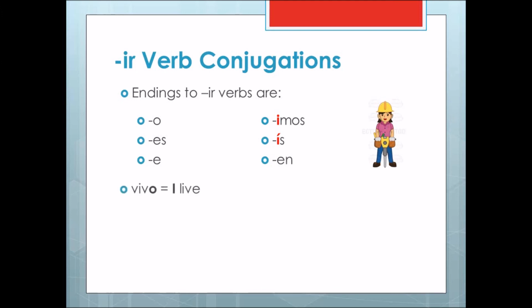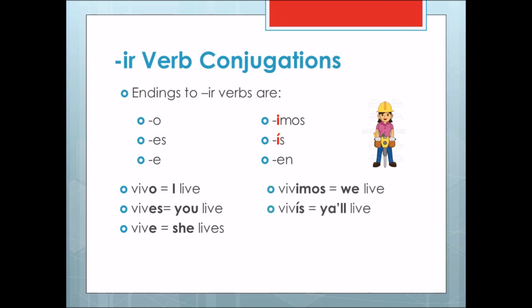So if we were to conjugate vivir, we would drop the IR from to live, vivir, and you would add the proper ending. Vivo, I live. Vives, you familiar live. Vive, he or she or it lives. Vivimos, we live. Vivís, y'all live. And viven, they live.